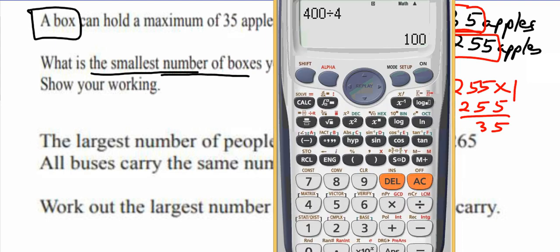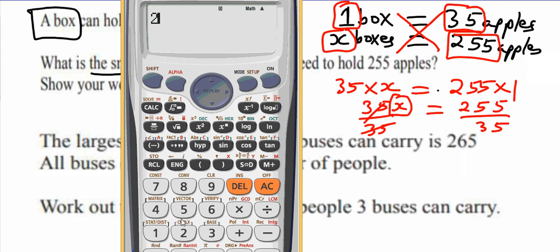You take your calculator, you do 255 divided by 35. You see that? We are getting 7.2857. Now the number of boxes can never be a decimal, can never be a negative number, can never be a fraction.